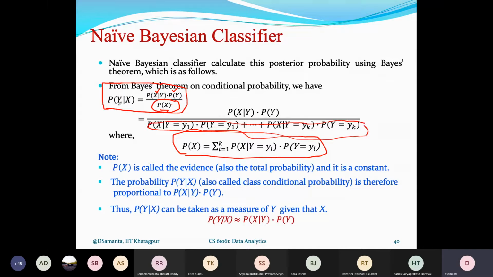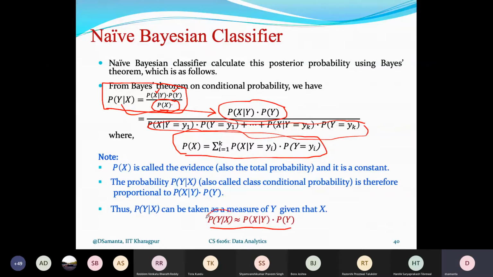So what you can write is that P(y | x) is proportional to the value in the numerator. That is why we can write P(y | x) is approximately P(x | y) into P(y).